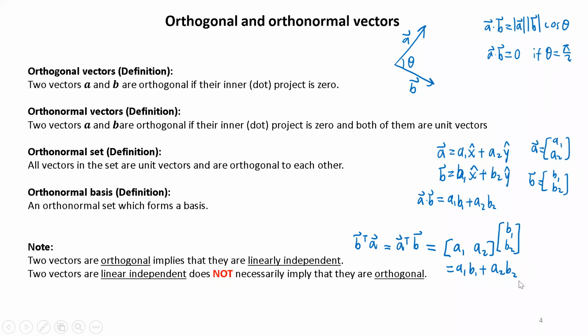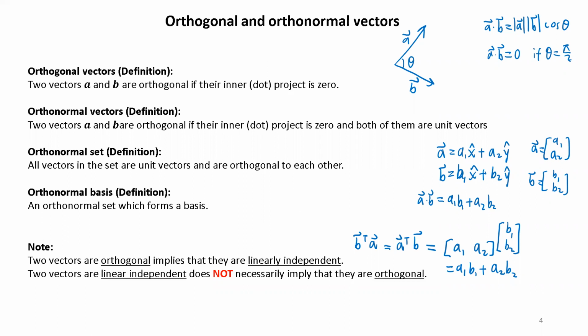Okay, so this is the notation that we'll use. Now, I talked about orthogonal, right? Then take one step further: the so-called orthonormal. What it means is that if I have two vectors that are already orthogonal, and also the length of each vector is 1, so both A and B are unit vectors, then I would say that these two are orthonormal vectors.